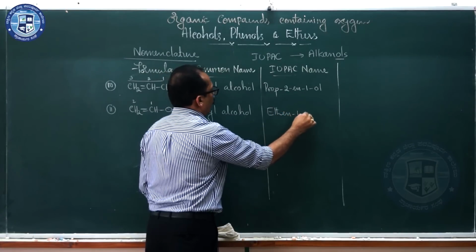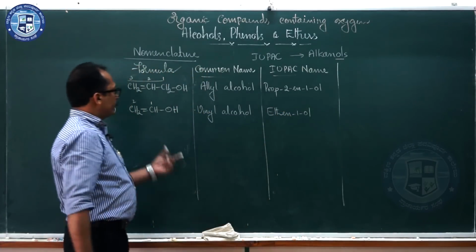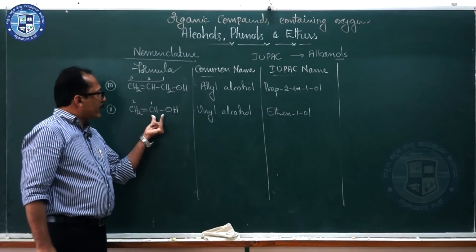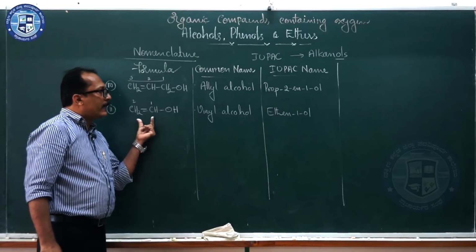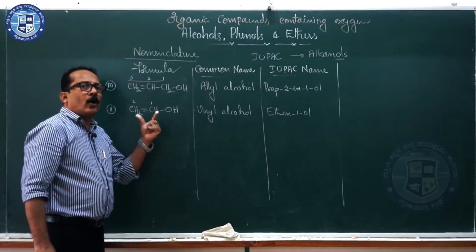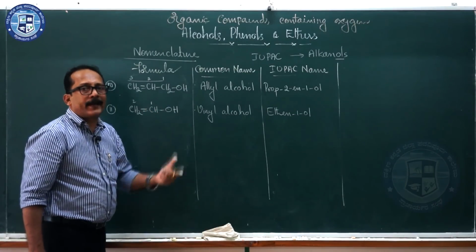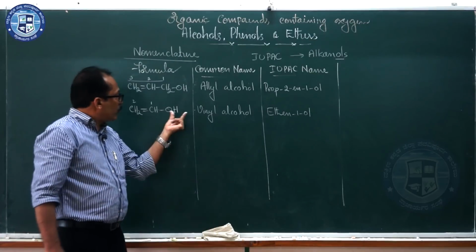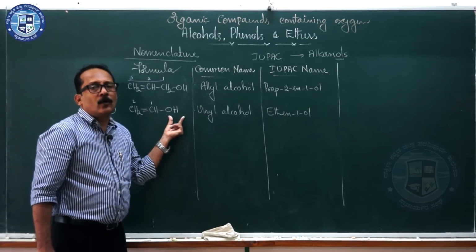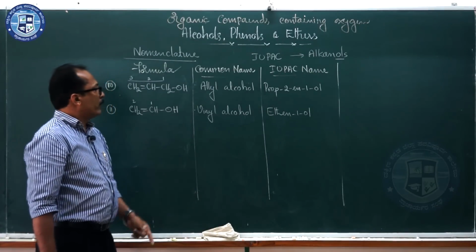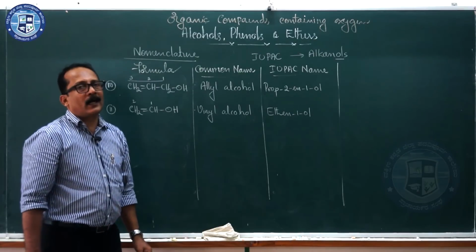Ethene, with OH attached to the first carbon atom, so eth-1-en-1-ol. Or you can write ethenol, where 1 represents the position of the OH group. That is the IUPAC name of vinyl alcohol.